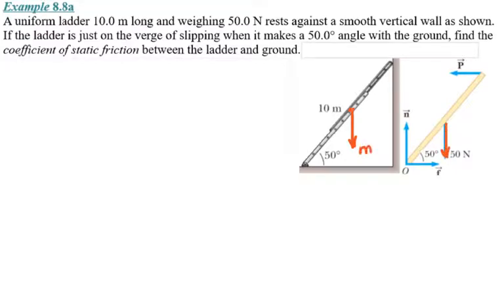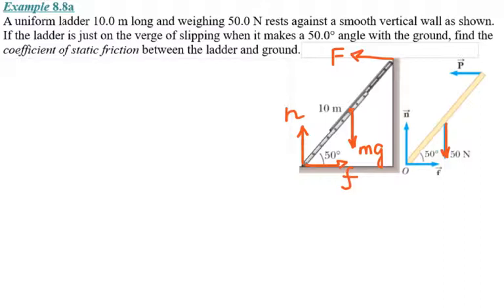Then the ladder is not slipping off because there is a force of friction, which I'm going to call lowercase f. There is also a normal force from the ground acting on the ladder. And there is some force, I cannot call it normal again, so I'm just going to call it F, from the wall on the ladder. These are the forces acting on the ladder.